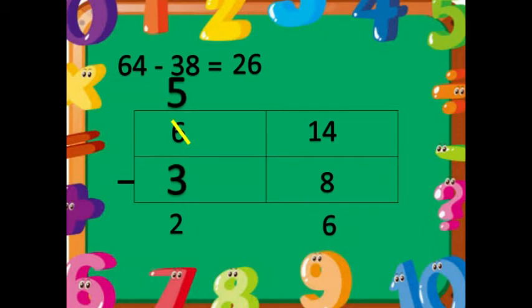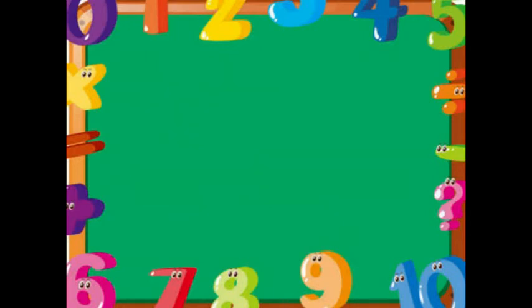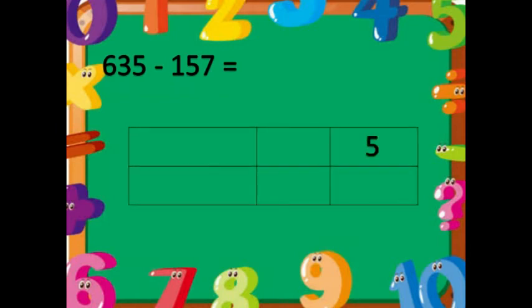So that's how we subtract 2-digit numbers with regrouping. Now let's proceed to 3-digit numbers. For example, we have here 635 minus 157. Again, we will place this in our place value chart. 5 in ones, 3 in tens, and 6 in hundreds.